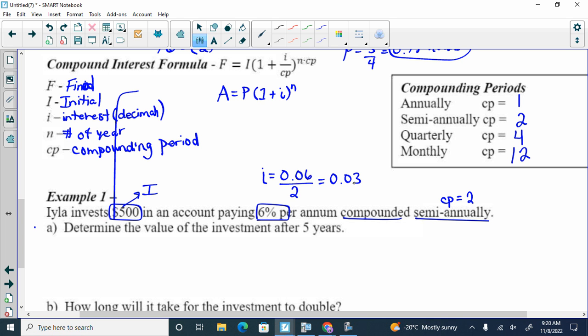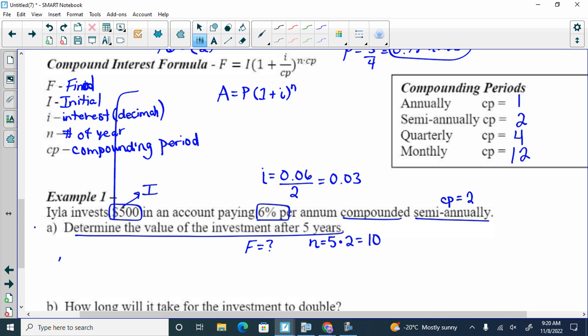Determine the value of the investment after 5 years. So they're making me find the final. And what is my n actually? 5, but times 2. So I actually have 10 compounding periods, right? Over the 5 years, it's going to compound 10 times, right? And every time it compounds, the interest rate is 0.03. Do we agree?